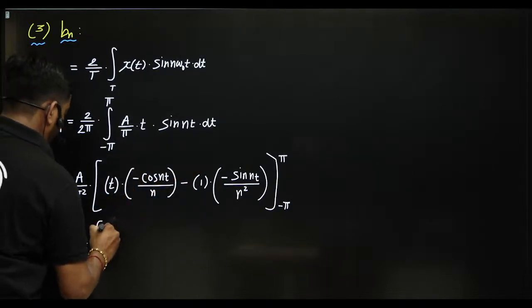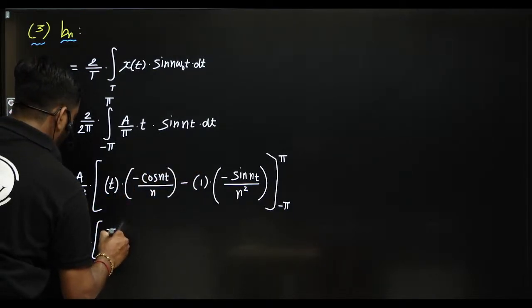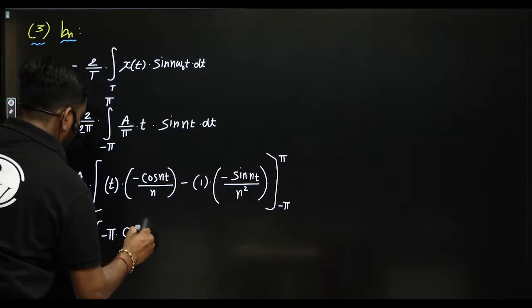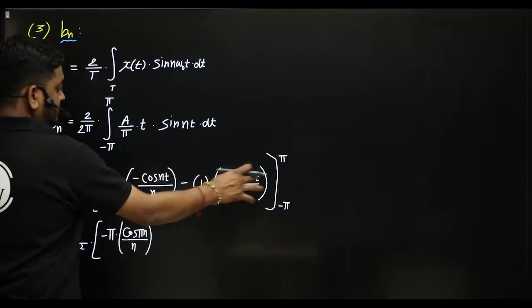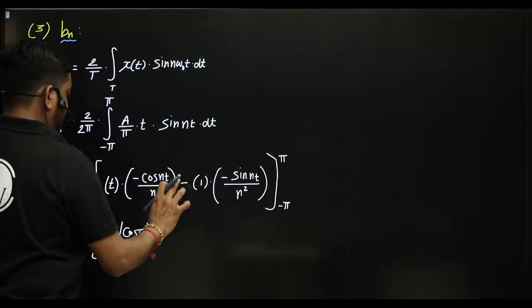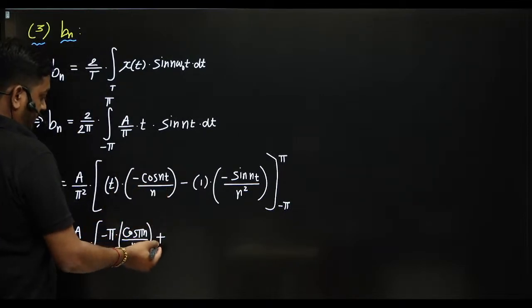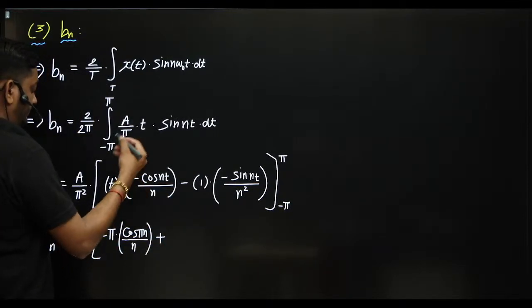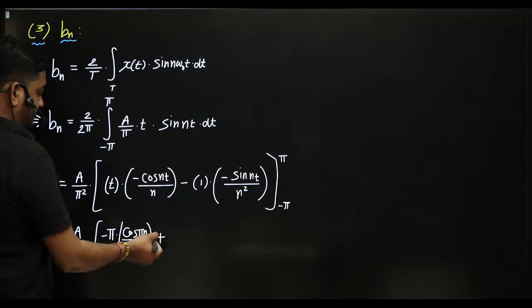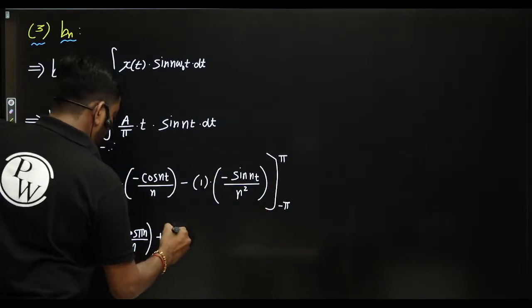If you put pi here, so minus pi into cos pi n divided by n, correct. And this term is 0, again if you put pi value here, then this term is 0, guys. Now minus plus, guys, this minus and the minus in the formula, it is minus, guys. And if you put t value here, then again it is minus pi.